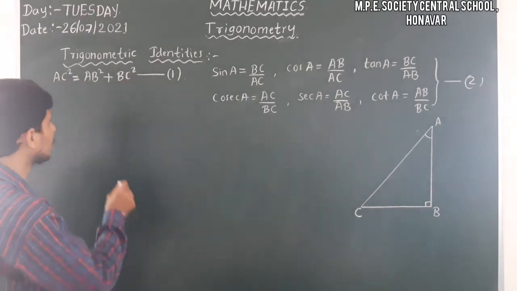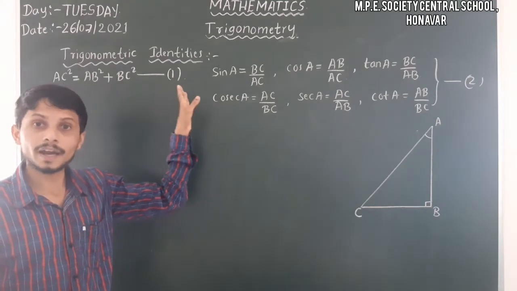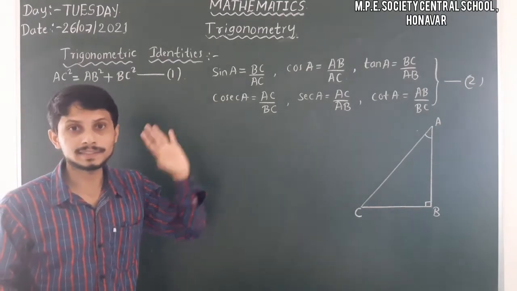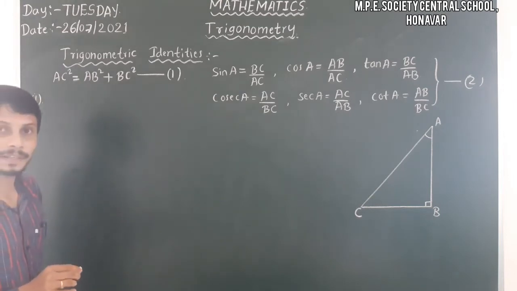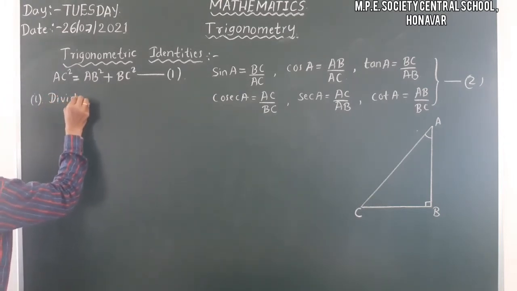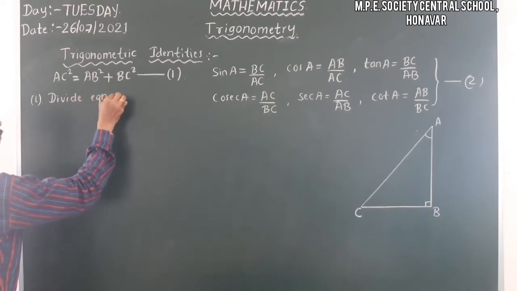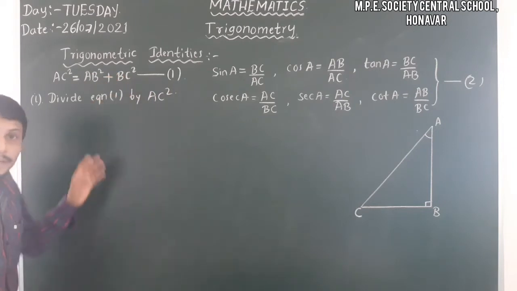For the first trigonometric identity, firstly I will take AC square. So divide equation 1 by AC square, dividing throughout.